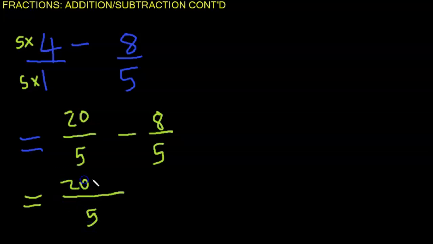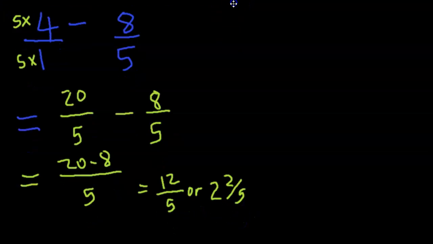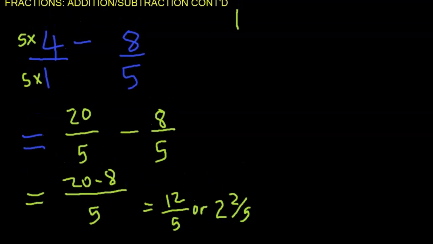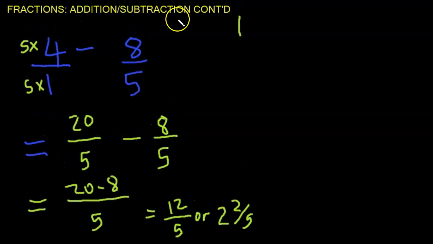So 20 minus 8, that's 12 over 5. And if you wish, you can always convert it to a mixed fraction. 12 divided by 5, that's 2 with a remainder of 2. So 2 and 2/5 would be the equivalent of 12 over 5.